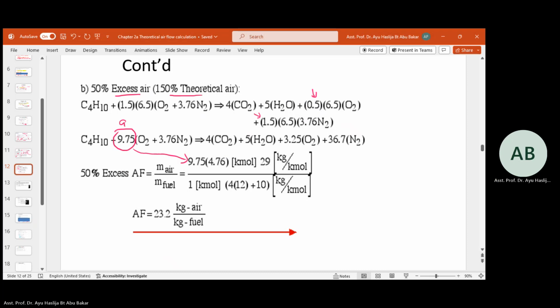So that is why for the excess air, we cannot simply put, let's say, 70% excess air. You must calculate how much is optimum for excess air. If you simply put 70%, then the amount of air will be very big. Then the compressor design is different, and the piping design is also different.